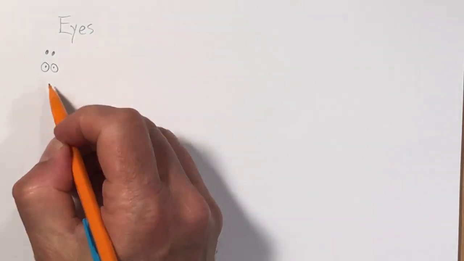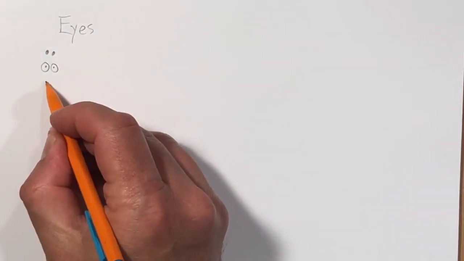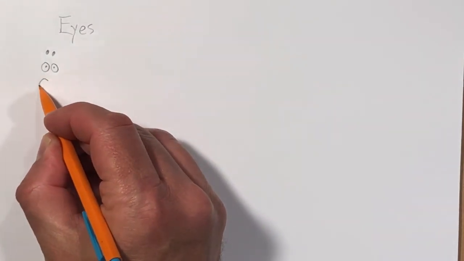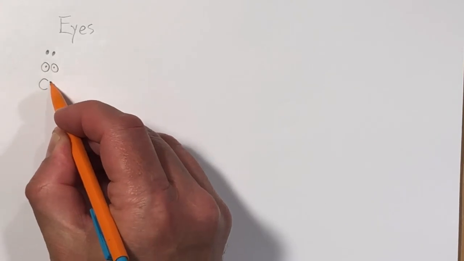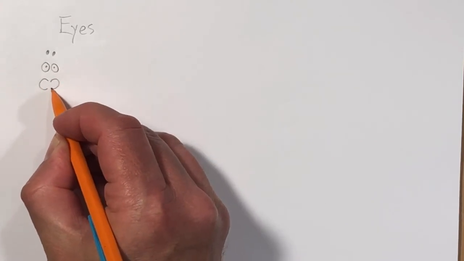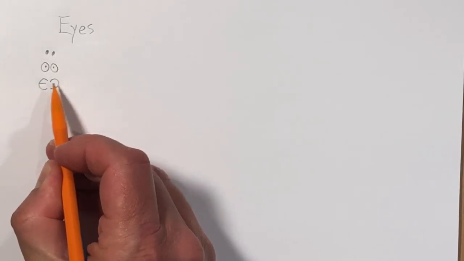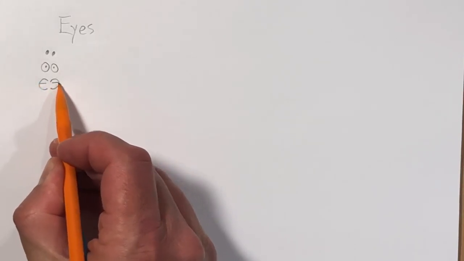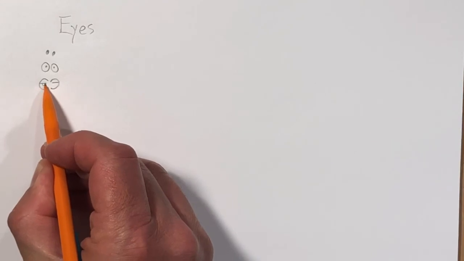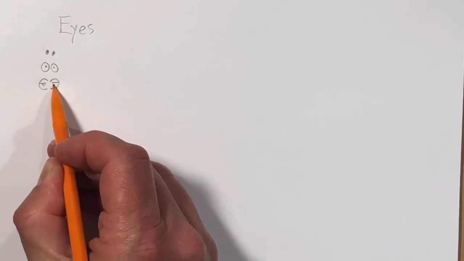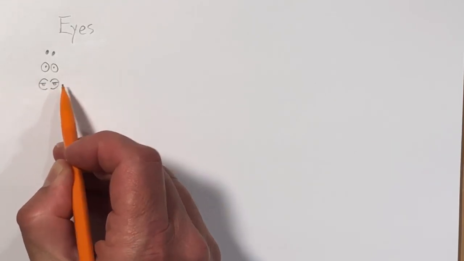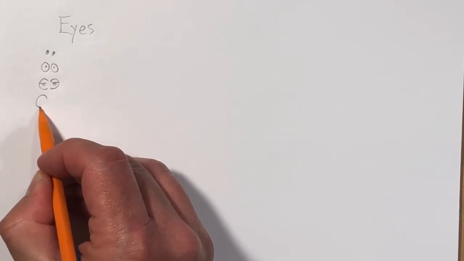One really good way to do eyes, I always like this one, is put like a letter C and then a backwards C. That works nicely. And you can put a little line kind of for an eyebrow, or eyelid rather. Talk about eyebrows later. And give it like a little half circle. You want them to look sideways.